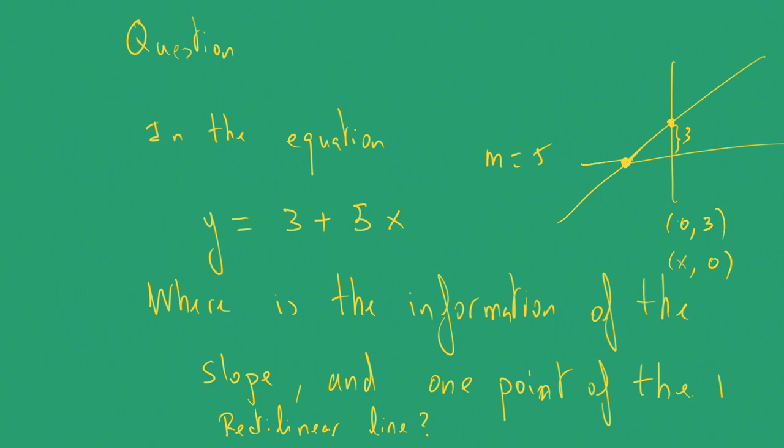So in this case, from this equation, you say 0 equals 3 plus 5x. So minus 3 equals 5x. So x equals minus 3 divided by 5. So this point is the point (-3/5, 0). So the information of the slope is always here, multiplied by the x.